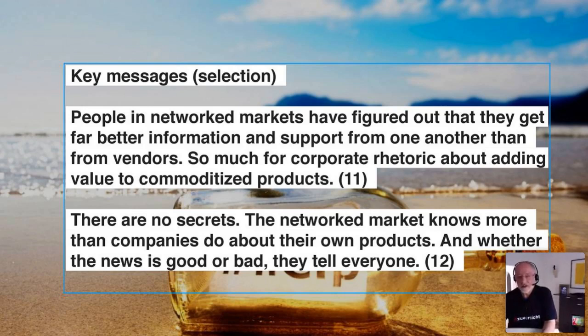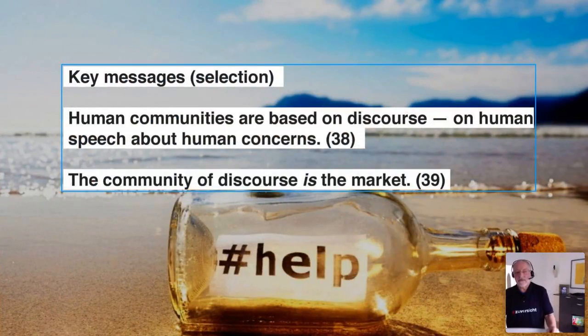There are no secrets. The networked market knows more than companies do about their own products, because customers have the experience. And whether the news is good or bad, they tell everyone. Human communities are based on discourse, on human speech about human concerns.